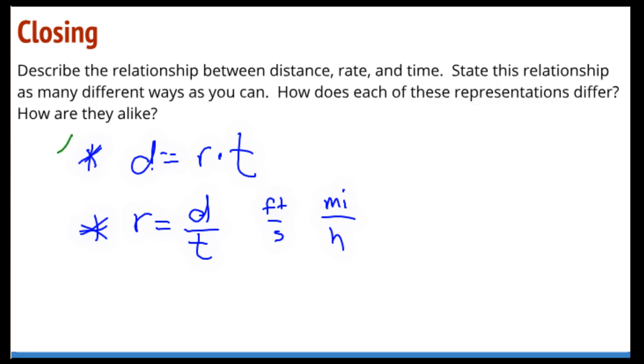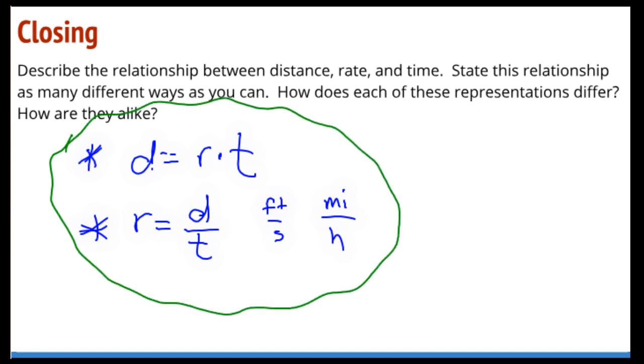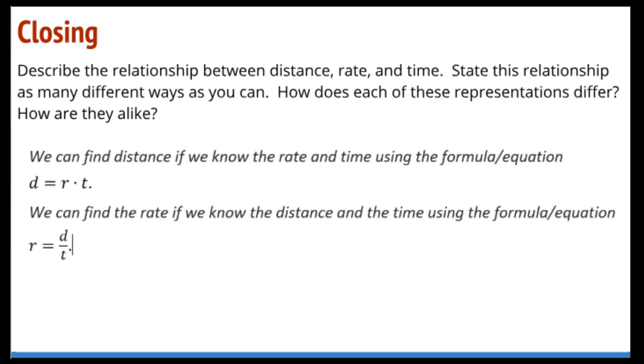For this lesson, these are the two big relationships that we want to focus on. And they can be summarized this way. We can find the distance if we know the rate and time. And I can find the rate if I know the distance and the time. So depending upon the information they give us, I should be able to figure out the distance and the rate.